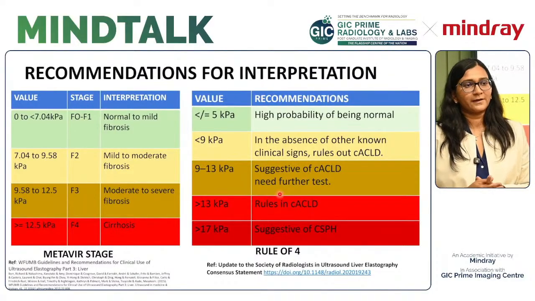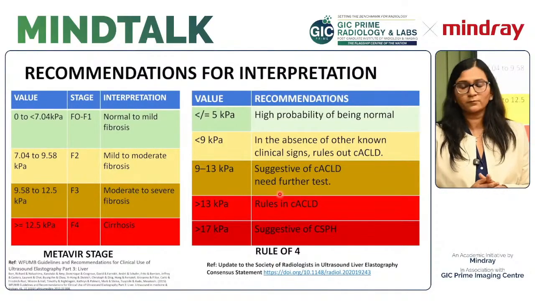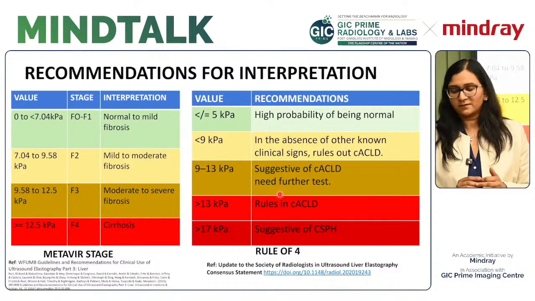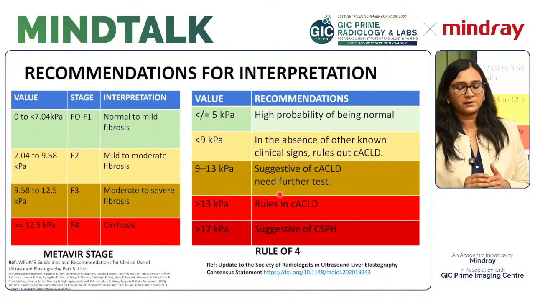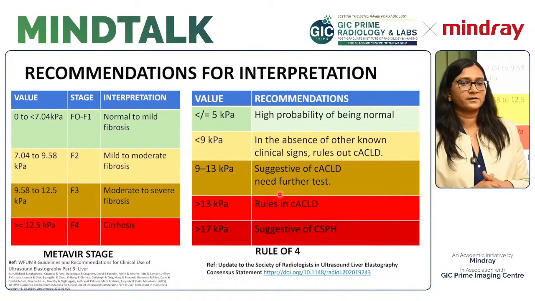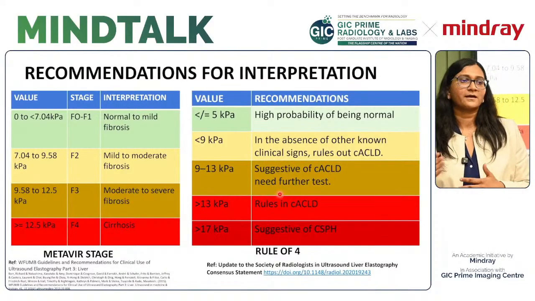Here score is 5, 9, 13 and 17. If it is less than 9, it rules out compensated advanced chronic liver disease. Between 9 to 13, it is suggestive of compensated advanced chronic liver disease, and if more than 13, it rules in compensated advanced chronic liver disease, and more than 17 value suggests that patient has high risk of developing clinically significant portal hypertension.